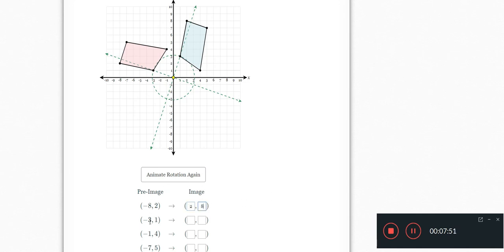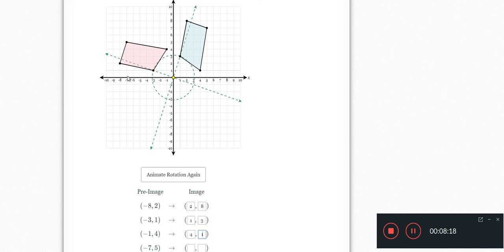Okay. The point that was at negative 3, 1 when I rotate it wound up here, which is at 1, 3. You're going to notice there's a pattern going on with these numbers. The one that was at negative 1 up 4 is now at 4, 1. So as you go through this activity, you might find this shortcut very quickly of what's happening with the coordinate points and their values.